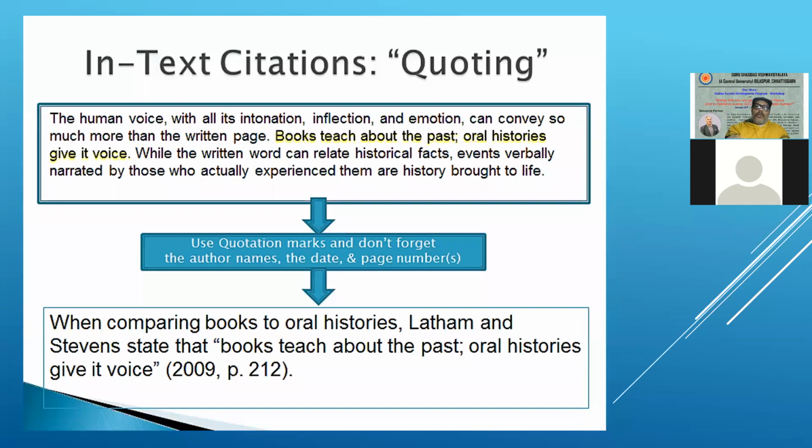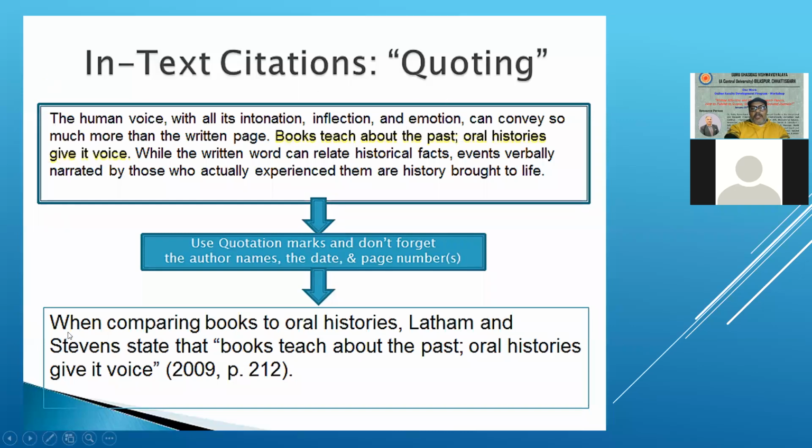In text also, quoting is important. So how do you quote? You quote in this way. Like here you can see in yellow: books teach about the past, oral histories give it voice, some lines or sentences in the paragraph. So in-text citation, how do you quote?